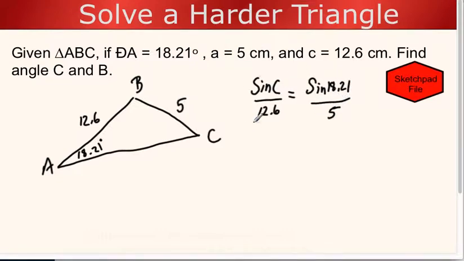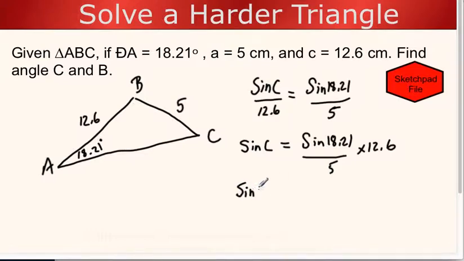If I isolate and solve for C, I multiply both sides by 12.6, so sine of C equals this stuff times 12.6. Crunching the right side, sine of C is about 0.7875.